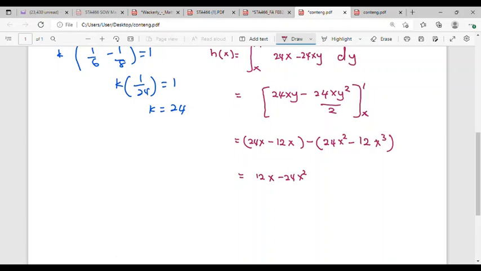So it will be plus 12x power of 2. So this is our marginal of x. Remember to put the interval of x also here. Right, so we have the marginal for x and y.